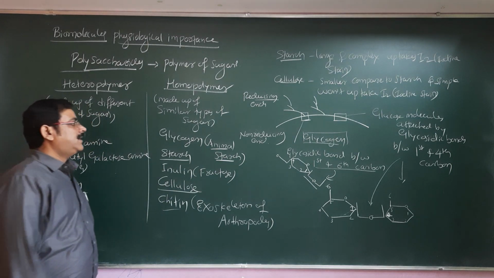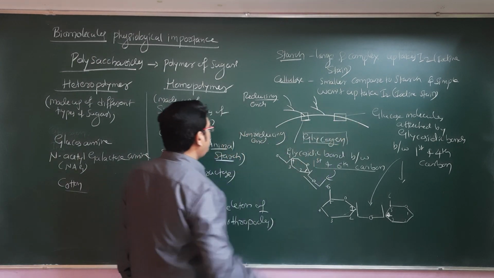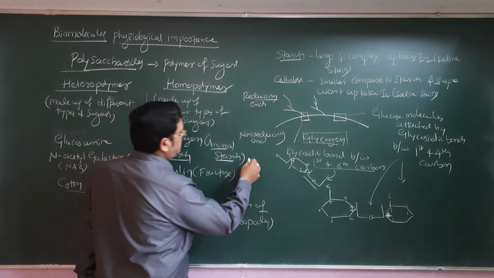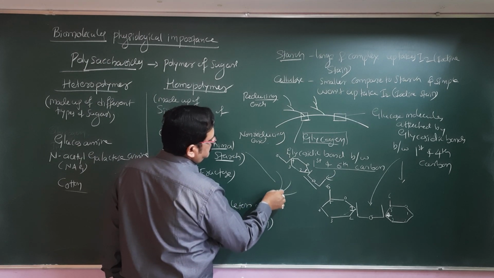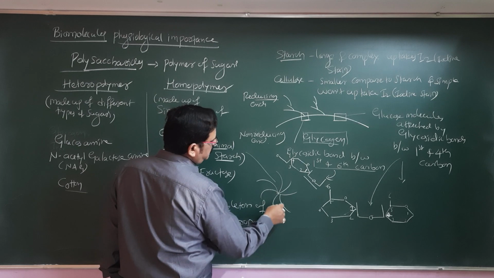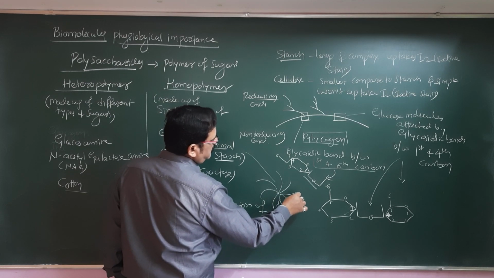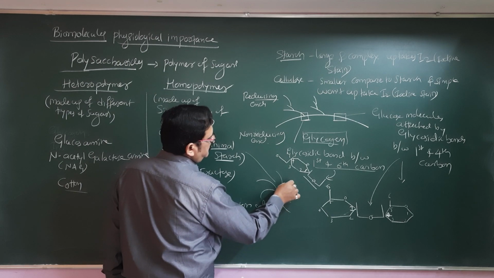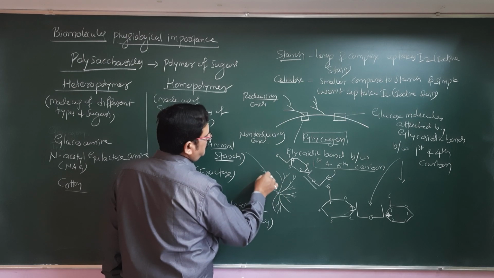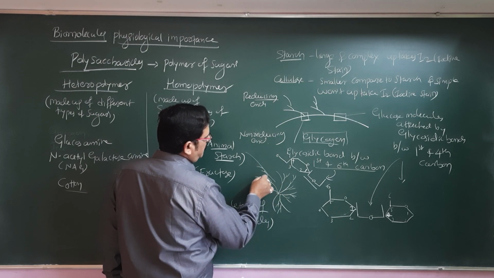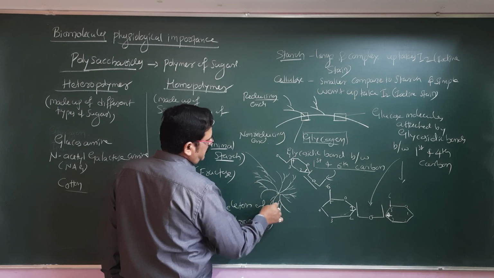The glycogen we have taken here is a long chain, but as such, glycogen can form like this, with lots of side chains. So it is not so simple. It is a complex of glucose. This is how it occurs in reality.